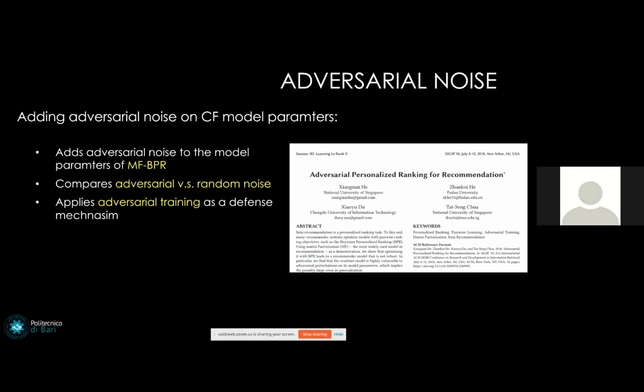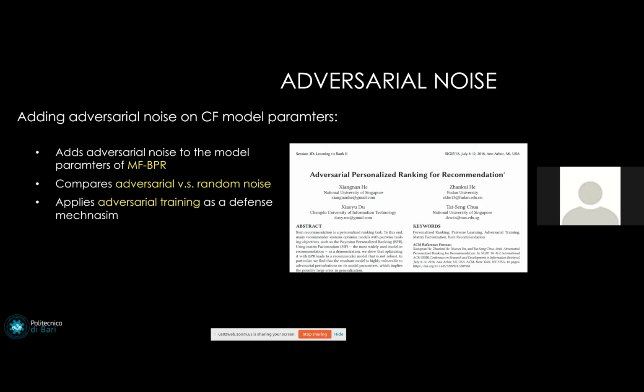Some of the interesting insights in the results the authors present was first a comparison of adversarial noise versus random noise, because this is the first question that comes to your mind. Okay, now that you have created this intelligently created noise, how does it compare with random noise?